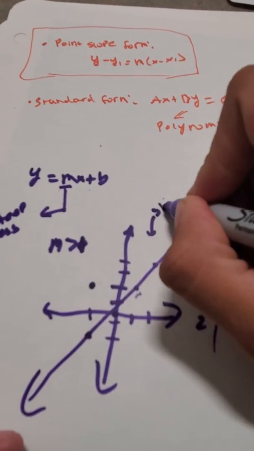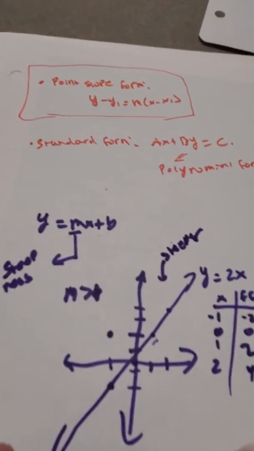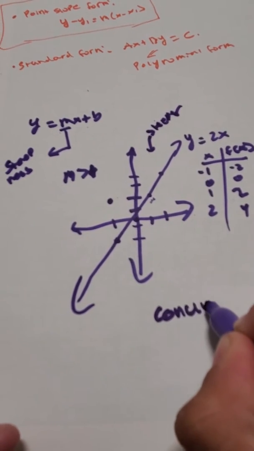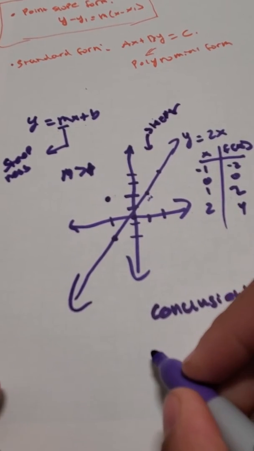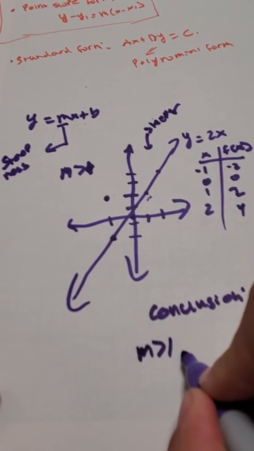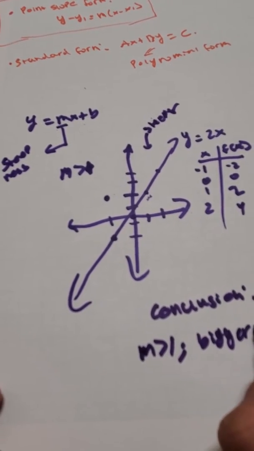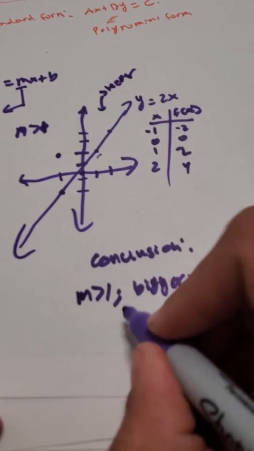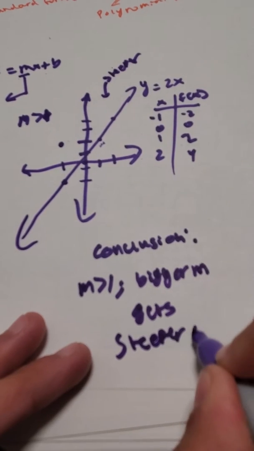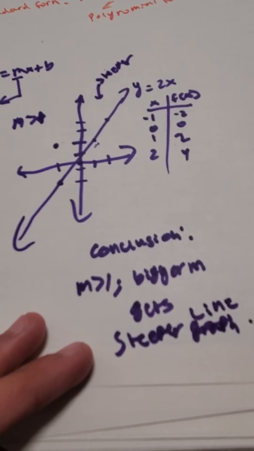So we could conclude that if m is greater than 1, and the bigger m gets, the steeper the graph of the line gets.